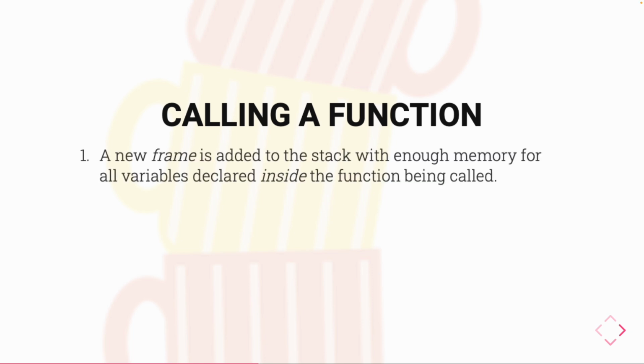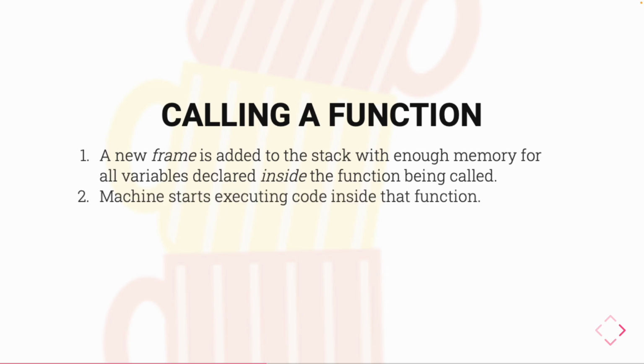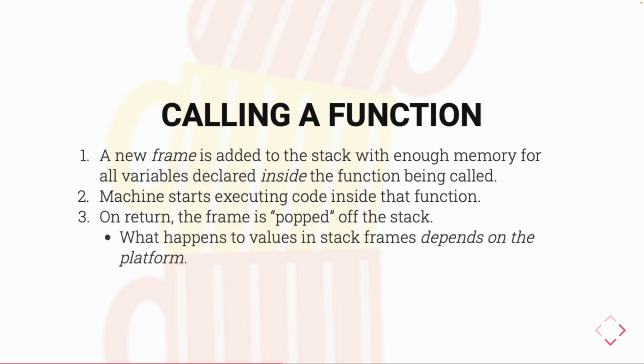The errors that we introduced exploited how the stack works. So when you call a function, as we saw in that drawn example earlier, a new frame's added to the stack that contains enough memory for all of the function's local variables to be stored. The machine executes code inside that function. And then when the function returns, the frame is popped off the stack.